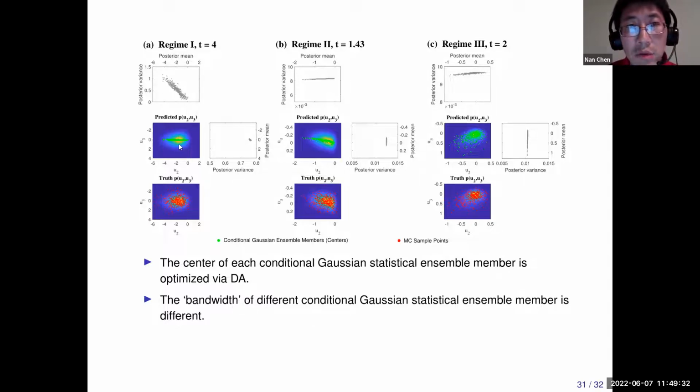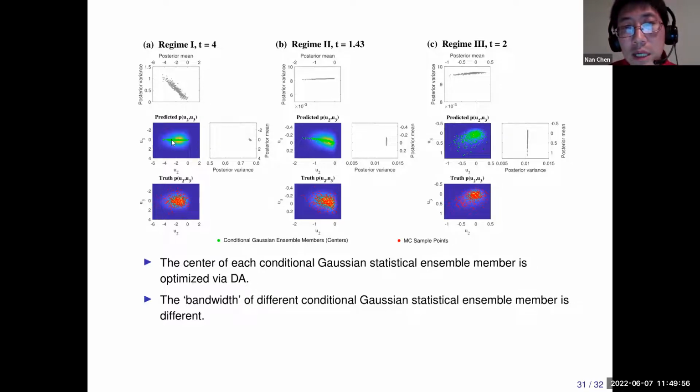And this covariance will actually help us to recover the entire distribution. And in these two panels, we can see that the posterior means, especially here, are concentrated in the middle, but the posterior covariance is much bigger than 0. Which means each ensemble member will cover a pretty big area. So that can recover this entire distribution.